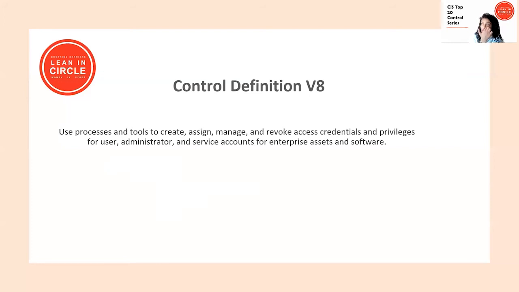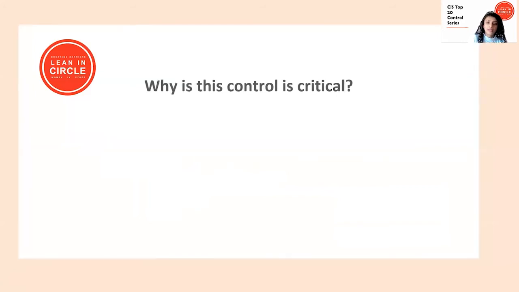So you can manage as well as revoke access credentials and privileges for user, administrator, and service accounts for enterprise assets and software. So this is how it quite differs. If you are still not clear, I have a diagram showing how they differ from each other. So stay tuned.